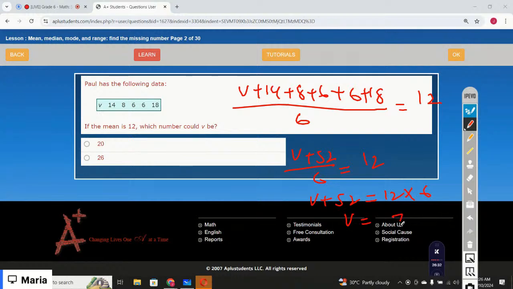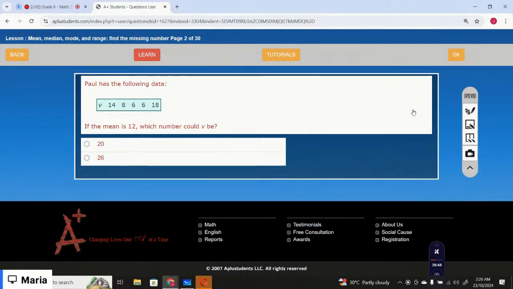Subtract 52 from the other side. So V equals 72 minus 52. V equals 20. That means the number V equals 20. Got it? The correct option is V is 20. Option number 1 is the correct option.